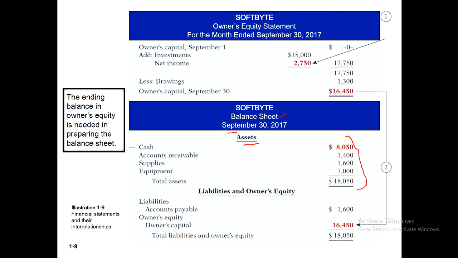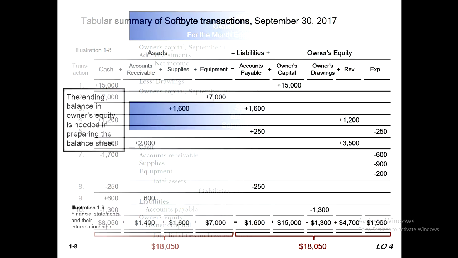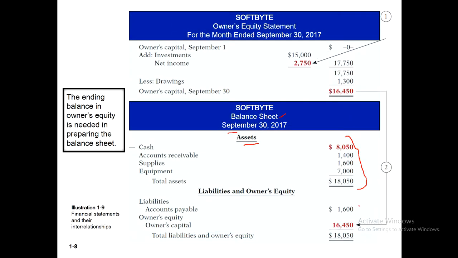And now liabilities and owner's equity. We have just one liability, accounts payable. This is the liability side, that means accounts payable, 1600. And the owner's closing capital we consider in our owner's equity.